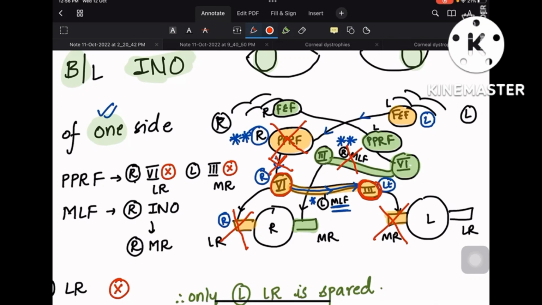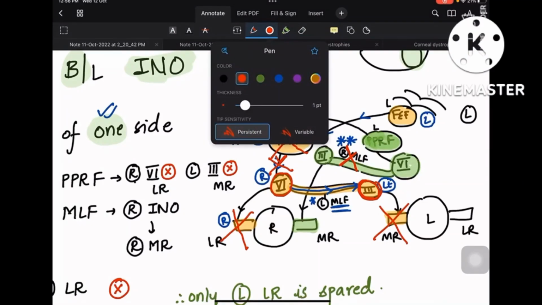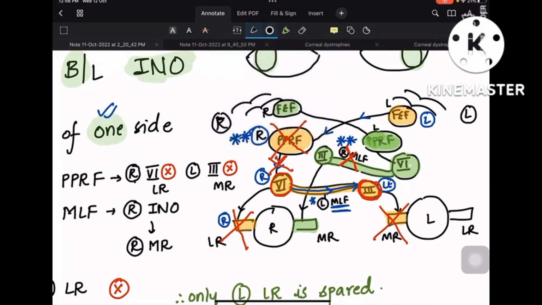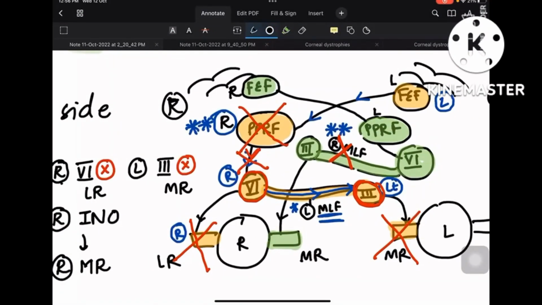Now one more thing that is involved in one-and-a-half syndrome is MLF, right? So right MLF is gone. So what is the direction of impulse transmission in MLF, guys? So see here. Let me label it with what color? Yeah, black. So see, what does right MLF do?